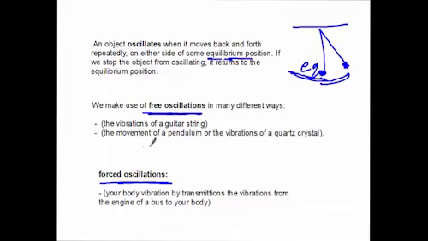So also the movement of the pendulum is a free oscillation, or the vibration of a quartz crystal. Some oscillations are forced oscillations, like when you are sitting in a bus and the vibration from the engine of the bus transmits to your body, so your body is not vibrating in its own natural frequency, it's vibrating with the frequency of the engine of the bus.